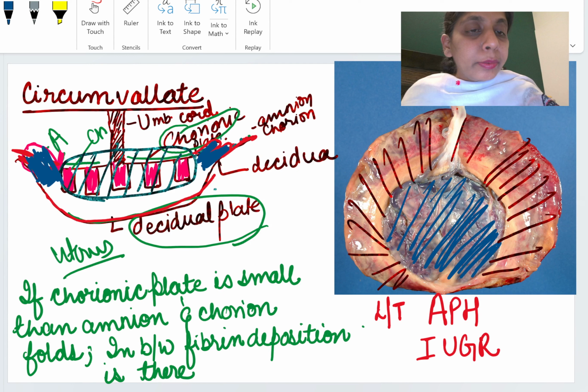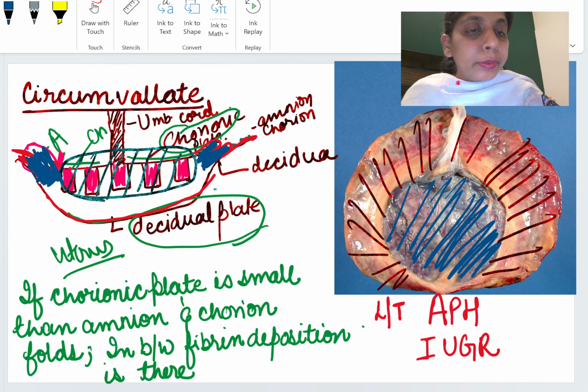Okay, so once again I will tell you that as the chorionic villi are lesser in number, because the chorionic plate is less in size, the villi are less, so nutrition going to the fetus is less.